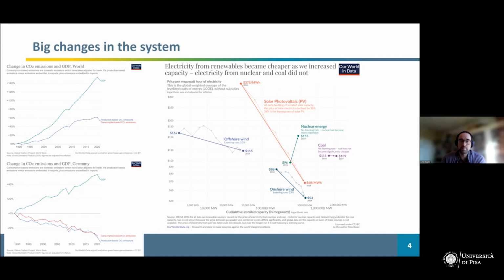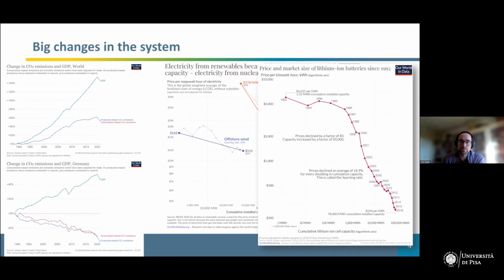And I think the IEA recently titled that the PV transition, it's already so cheap that now you don't need to support it anymore. It will change the system by itself. And we see similar developments and learning curve developments also for batteries, for example.